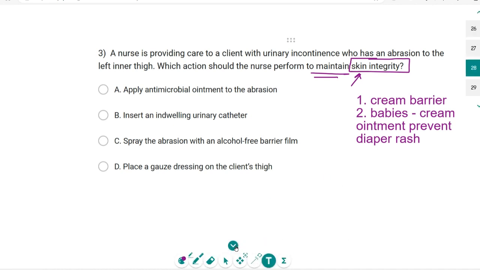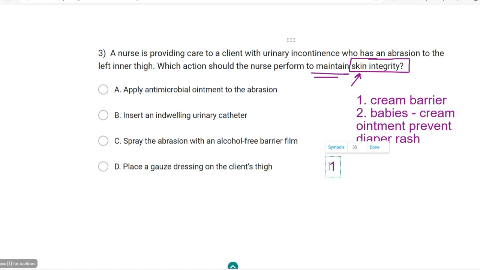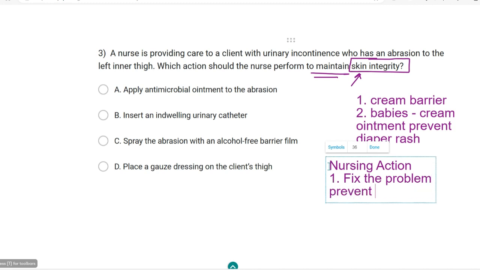All right. Now, another thing is breaking down this question. This is a nurse action question. And if you've been studying with me, you know that a nursing action is going to fix the problem, or it's going to prevent a problem. Both of those things together are going to be helpful to your patient. You're also going to keep your patient safe.